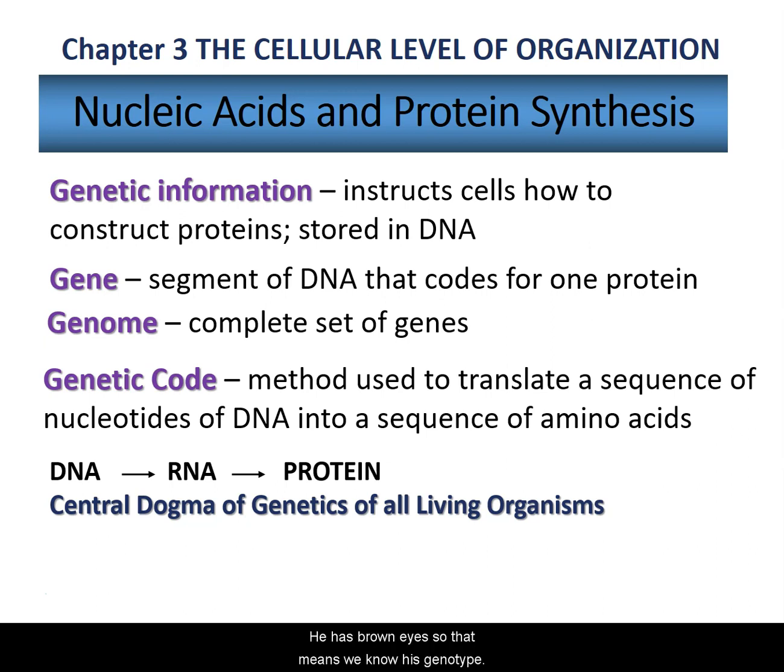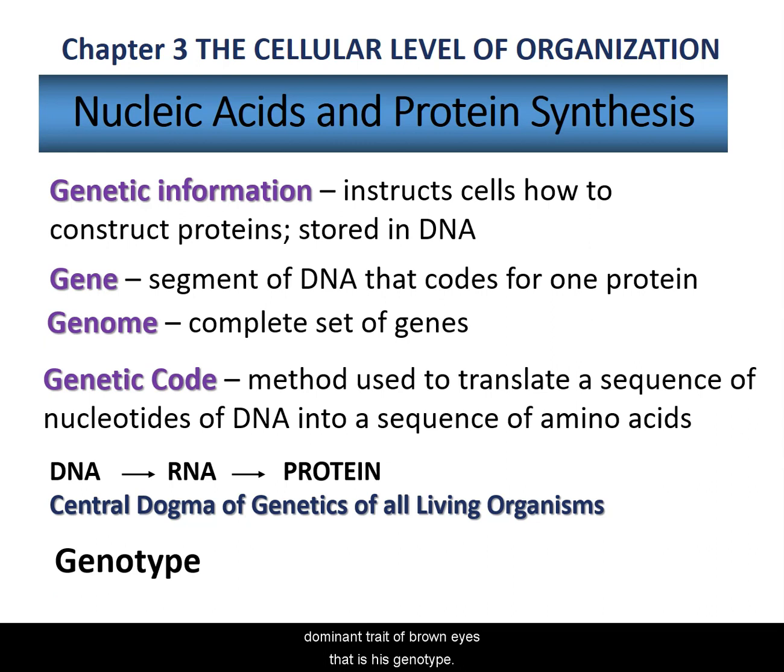But he has brown eyes, so that means we know his genotype. His genotype is said to be hybrid for that trait, a dominant and a recessive. Brown eyes is dominant over blue. He's carrying the blue-eye trait, but it's masked by the dominant trait of brown eyes.